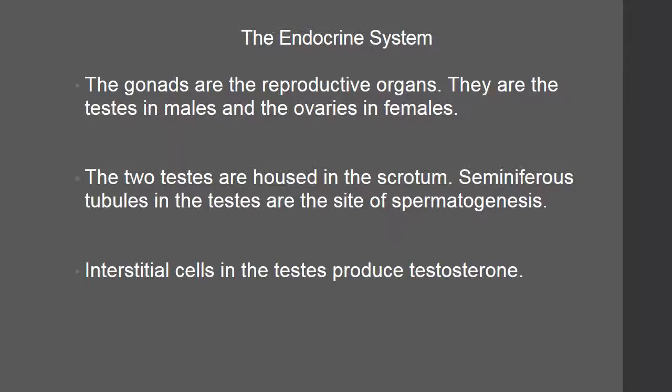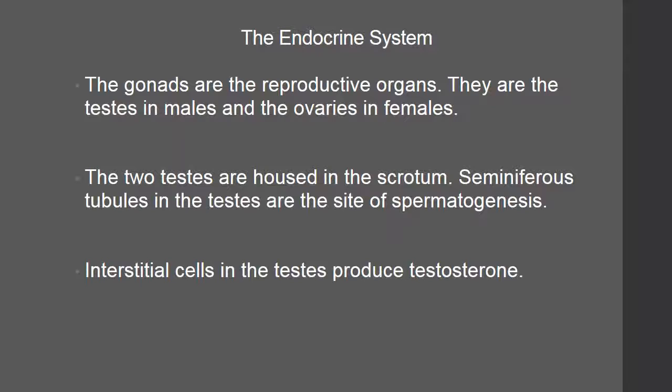The gonads themselves, besides being reproductive organs, and when we get to the reproductive system, certainly pay a lot of attention there, but they are endocrine organs. They produce hormones. The reproductive gonads are testes in male and ovaries in females. The two testes are located in the scrotum, and the seminiferous tubules inside the testes are the site of spermatogenesis, where spermatozoa are actually made.